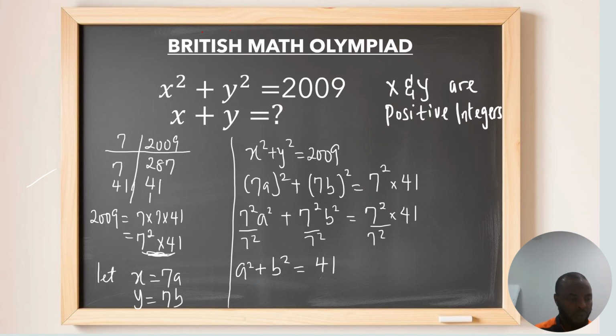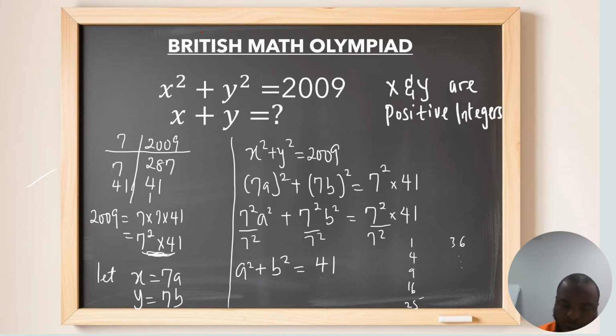Now, with this, we can simplify this further. By looking at 41, we want to show that a squared plus b squared equals 41. You can look at some perfect squares because this is squared. The perfect squares that we have are 1, 4, 9, 16, 25, 36 and so on.